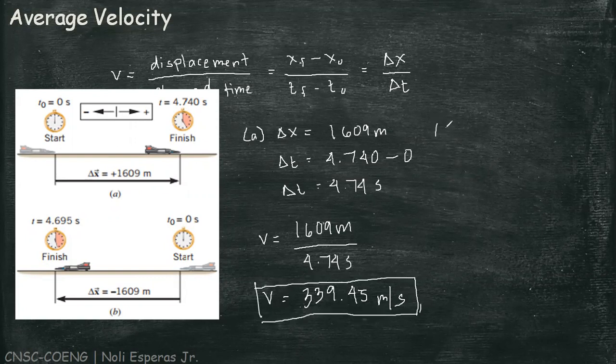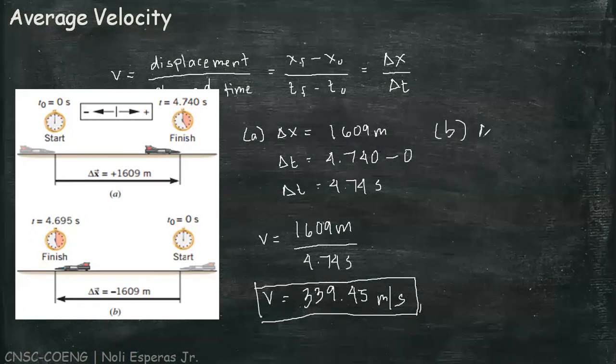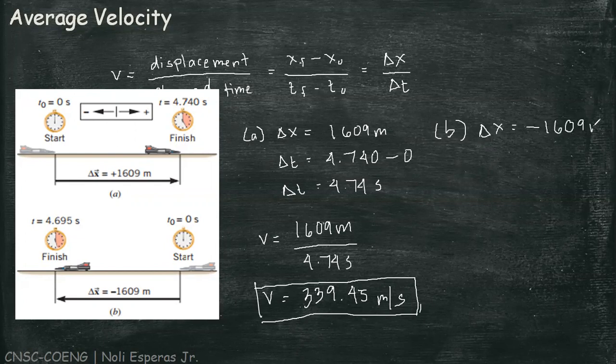For the second figure, we have a displacement of negative 1,609 meters. Why negative? Since our positive direction is to the right, and the car this time is going to the left, we have a negative displacement.